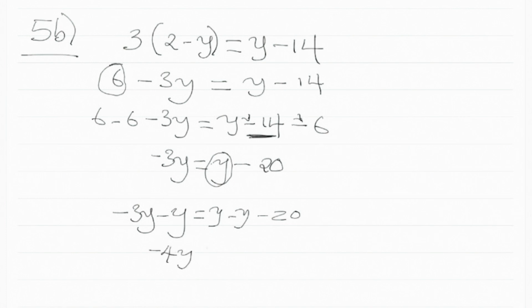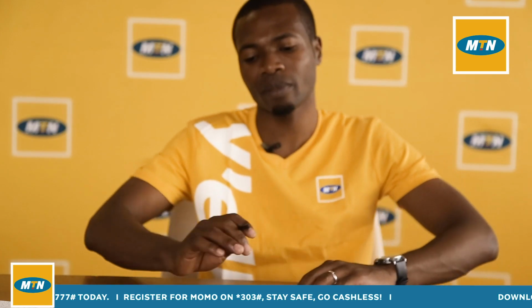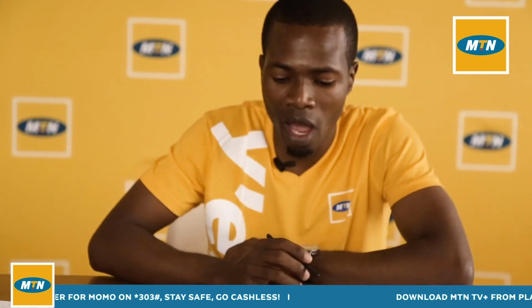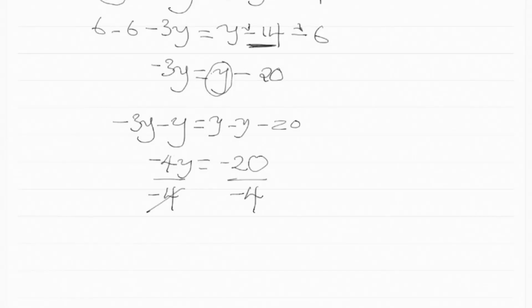This will give us minus 4y is equal to 0 minus 20, it is negative 20. Good. Now we want to find the value of y. So we have to divide through by negative 4. Very good. Negative 4.